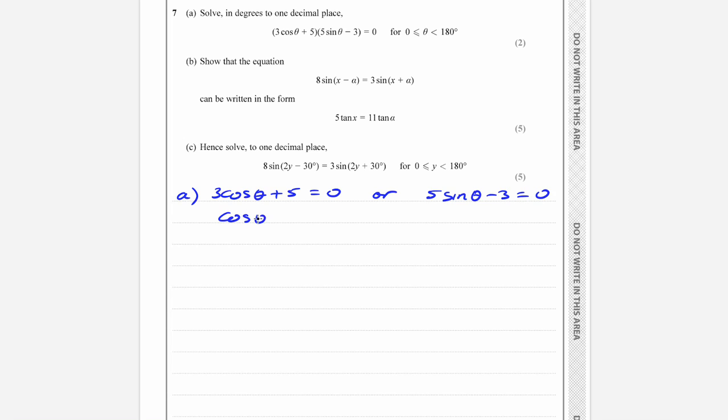Cos theta equals negative 5 over 3, or sin theta equals positive 3 over 5. The solutions for this one: cos of theta is negative 5 over 3.